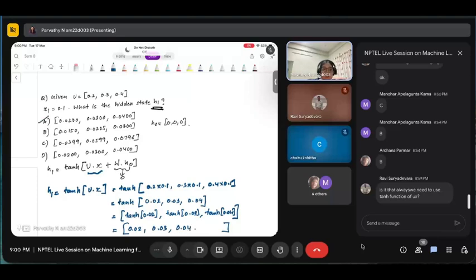So no, we don't always need to use tanh, but tanh is one of the most commonly used activation functions for the H calculation. It may depend on the application, but tanh is the one that is most commonly used.